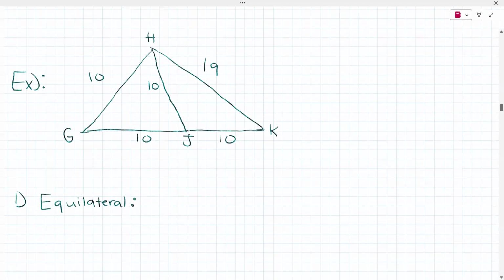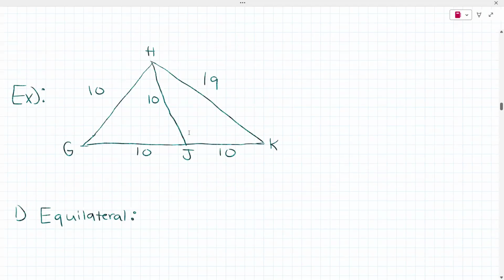So let's start with the equilateral. An equilateral means all sides are congruent. So do you see three triangles? This could be the first triangle, and then this could be the second triangle, and then the third one is the main one, this one right here.